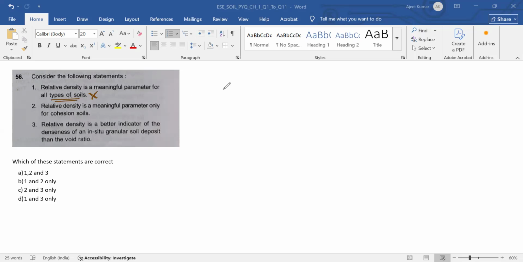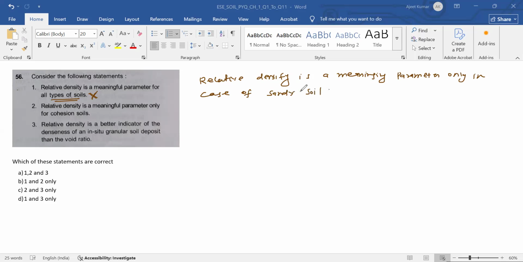Relative density is a meaningful parameter only in case of sandy soil, that is for cohesionless soil.